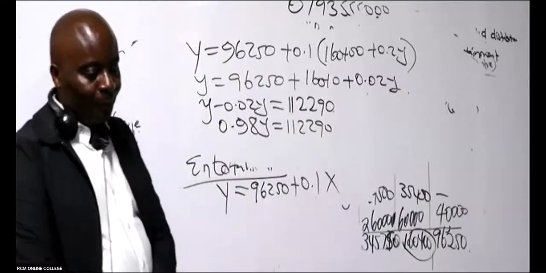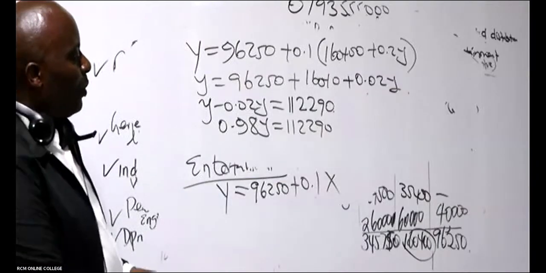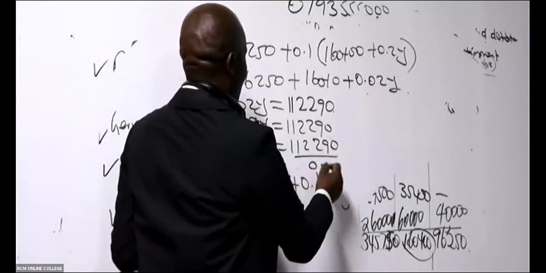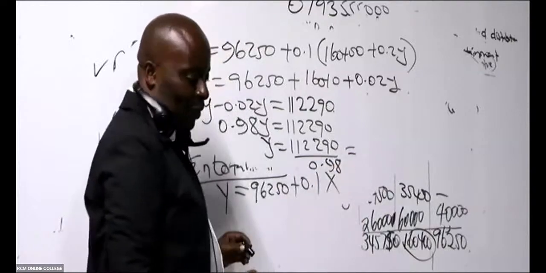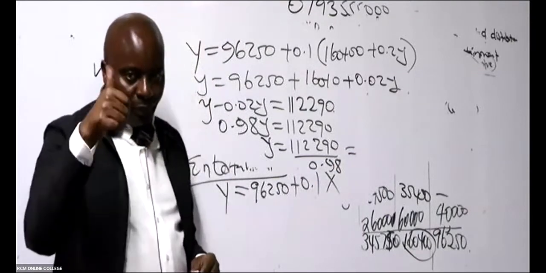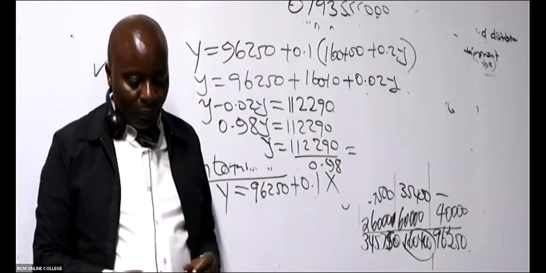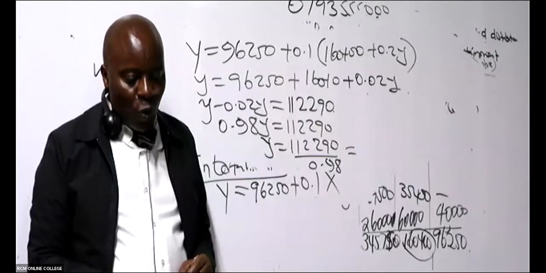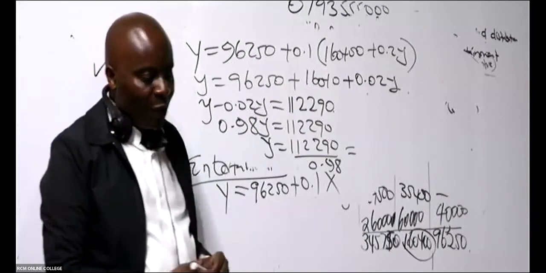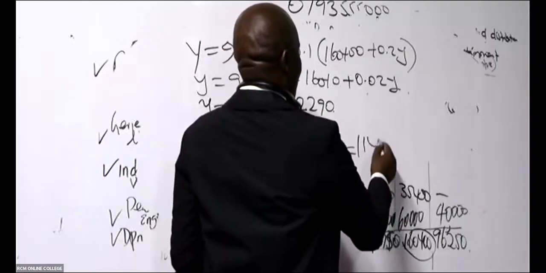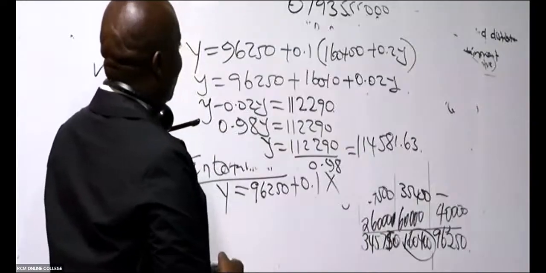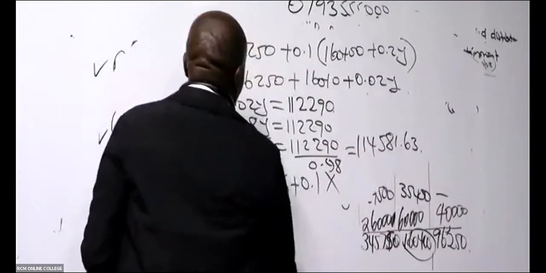So Y will be equal to 112,290 divided by 0.98, which ends up giving us 114,581.63. Having gotten that, getting X is not a big deal.